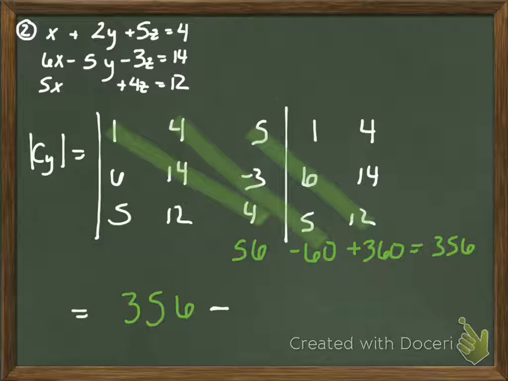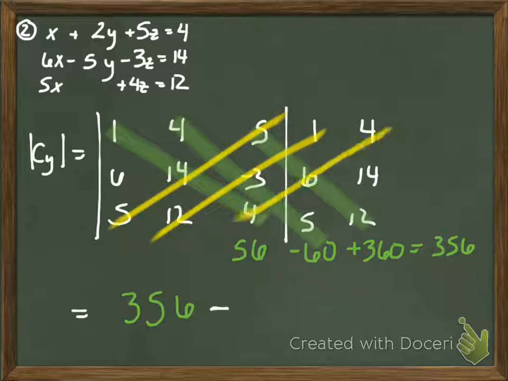Then our ups. So 5 times 14 times 5 gives us what? 350. Negative 3 times 12 is negative 36.